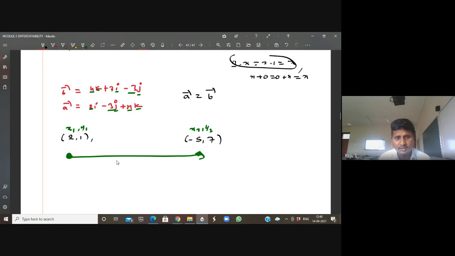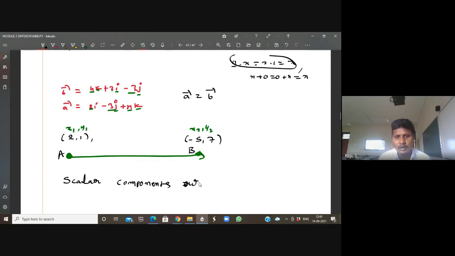After that, scalar components. You have to find the vector AB. Let us take this point as A and the other point as B. You may find the vector first and then take the scalar components, or else we can take them directly.